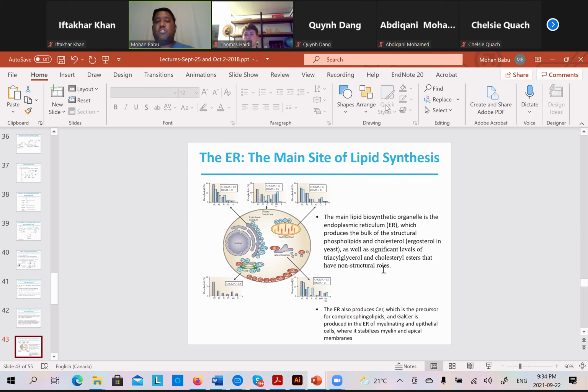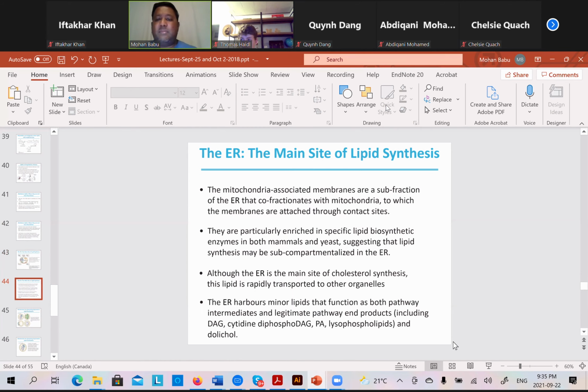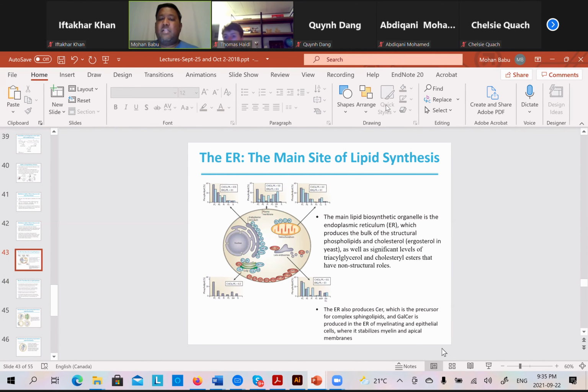The ER also produces what they call ceramide, which is a precursor for complex sphingolipids, and also the GAL ceramides. The GAL ceramides are produced in the ER of the epithelial cells, and usually they are important in stabilizing the myelins and the apical membranes.